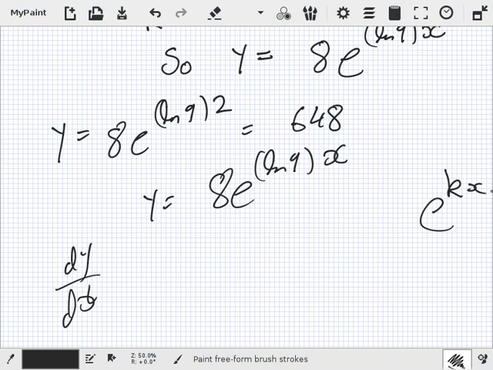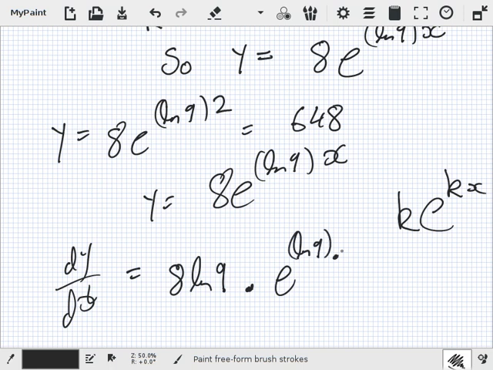Part 3, we finished part 2. k e to the power of kx, yeah. The derivative, you just bring the k down in front. So here, the derivative will be 8 log 9 times e^(log 9 x).